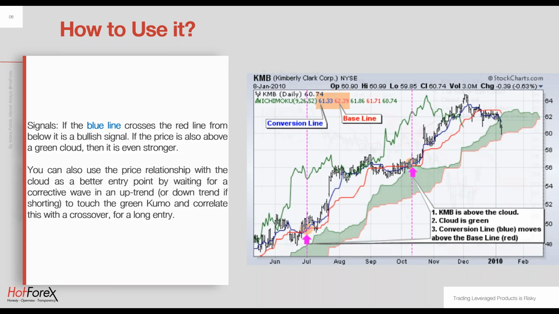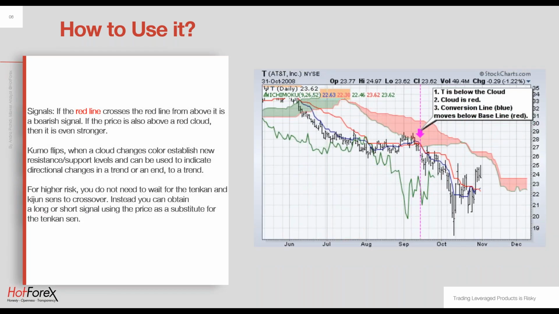Now, if blue is below the red, so the red line is above, then that's a bearish signal.